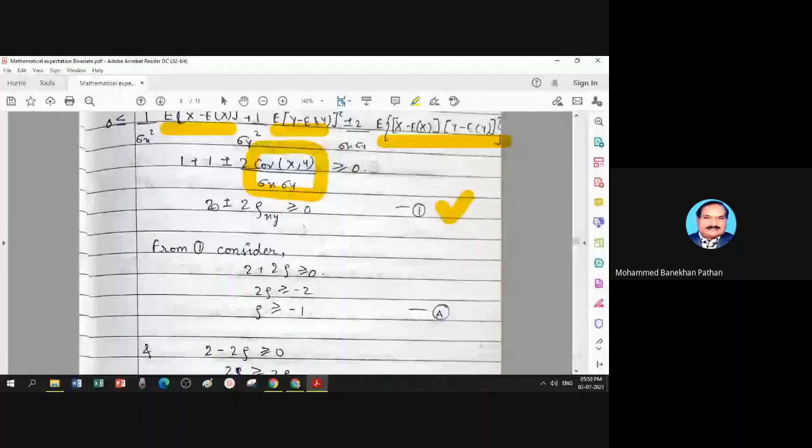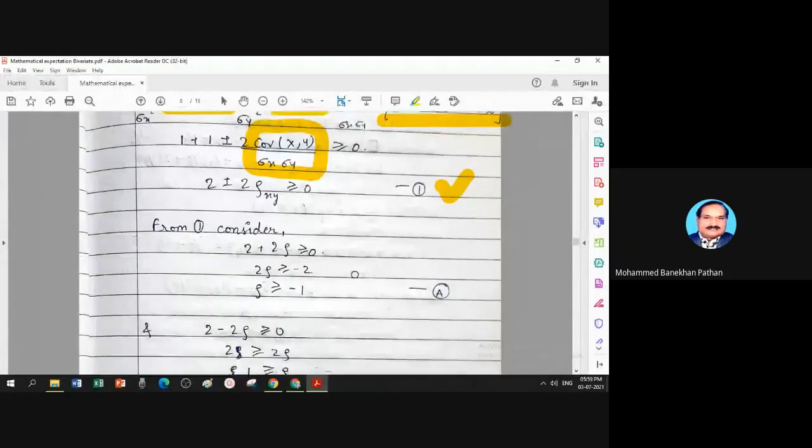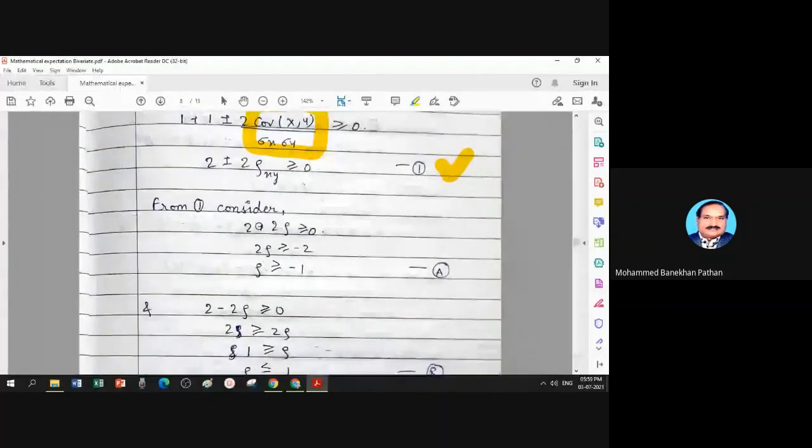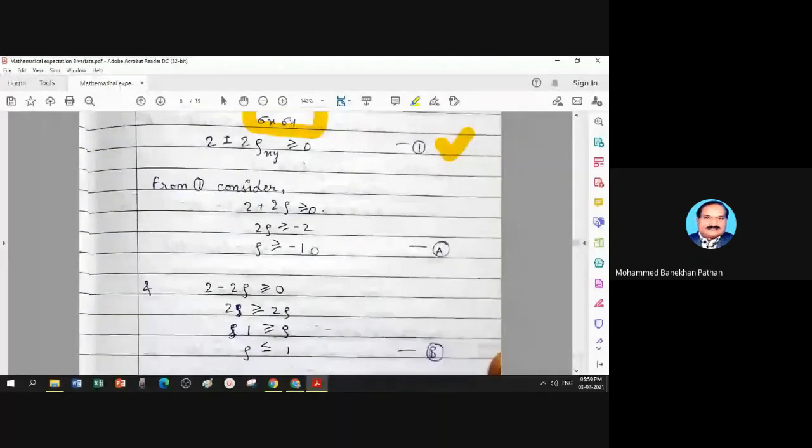So from the plus condition, consider 2 plus 2 rho greater than or equal to 0. Take this 2 to the right side. So 2 rho greater than or equal to minus 2. Divide on the right side, so rho greater than or equal to minus 1. This is your first result.